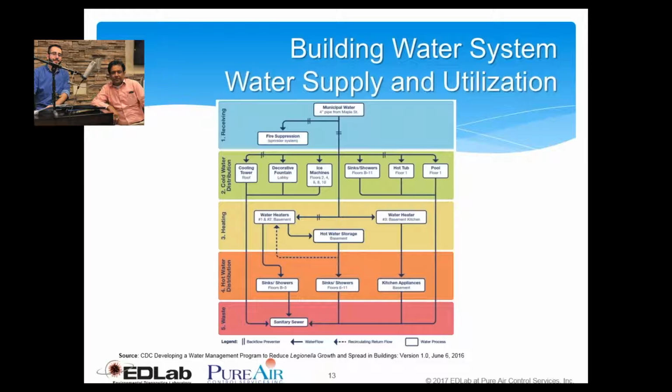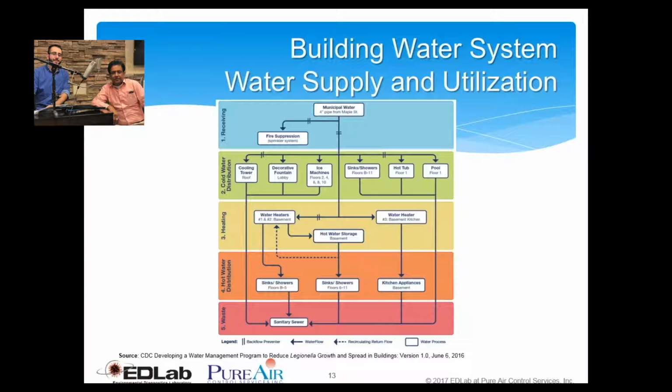Could you please talk about building water systems in regards to the standard? Yes, the following slide is showing you a diagram elaborating how the water supply enters a building and what the utilization points are. As you can see, it's a self-explanatory slide: there is a legend mentioning the backflow preventer, and then the water flow, showing how water is being distributed in the building.